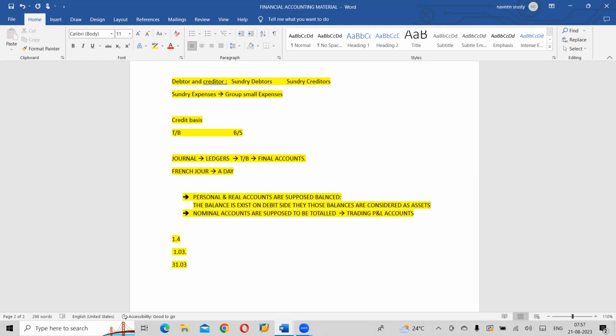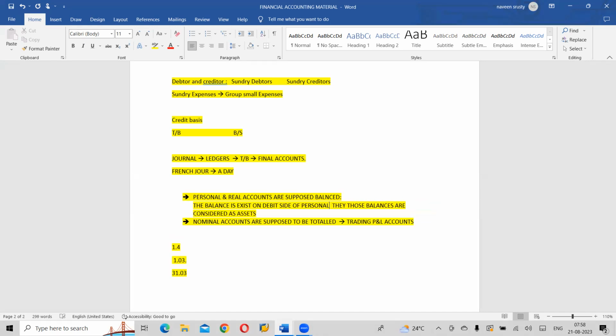If the balance is there on the debit side of personal and real accounts, they are considered as assets.